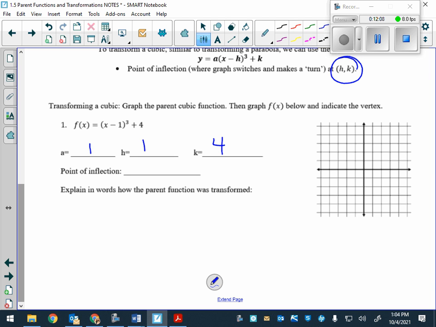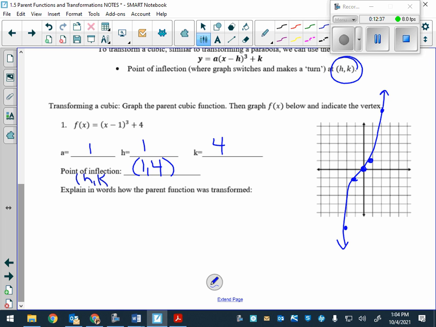Now, the point of inflection where it kind of changes direction would be what, Danielle? 1, 4 is my point of inflection. Okay, it's your HK. So before I do anything, I'll graph the parent function first, actually. And some of them might be off the graph, but okay. That's my parent function.